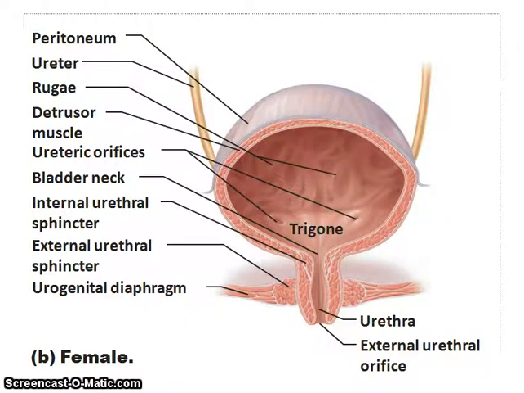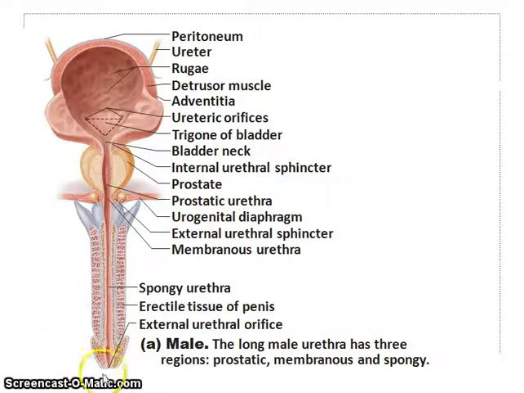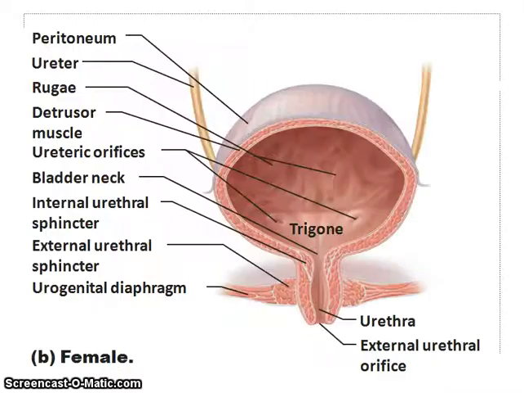Whereas in males, if bacteria entered the tip of the penis, it would have to go all the way through this entire urethra to reach the bladder. So it's just much more common for females to have to deal with a urinary tract infection.